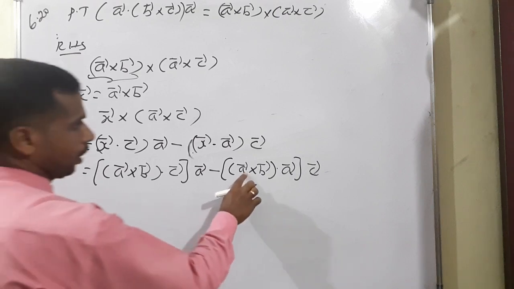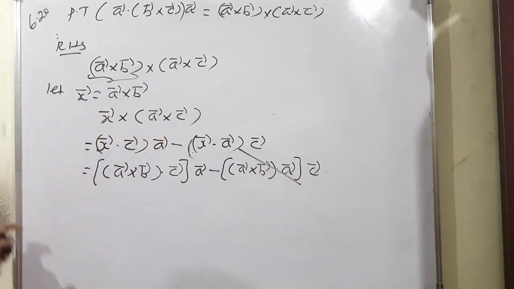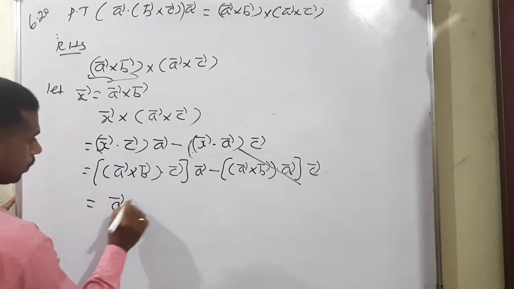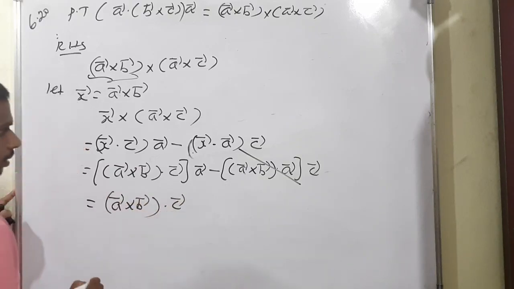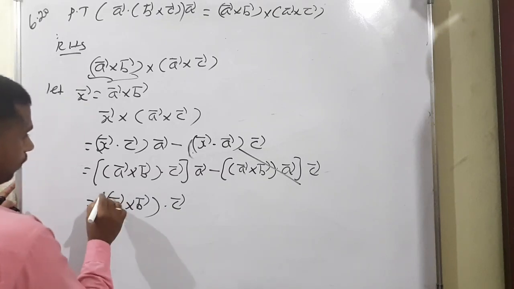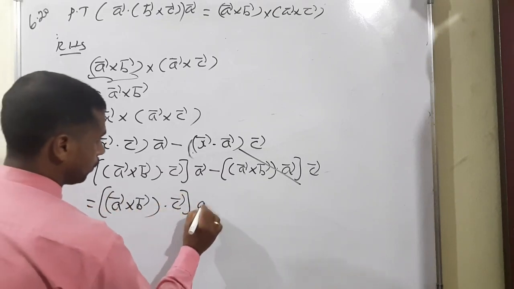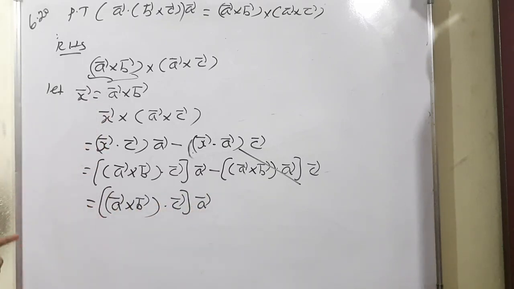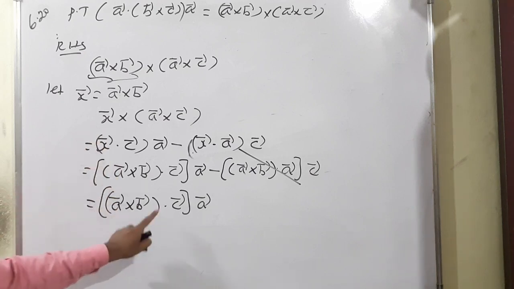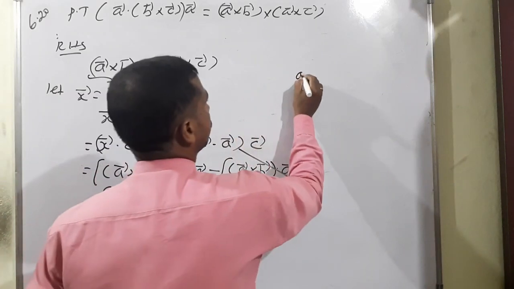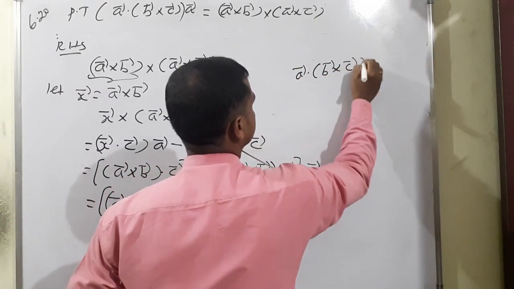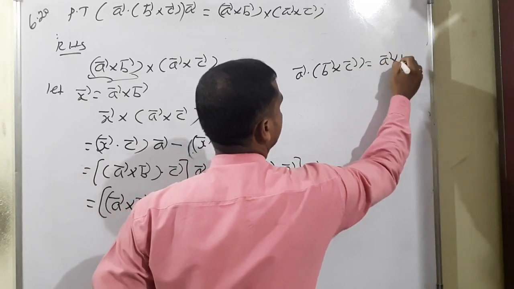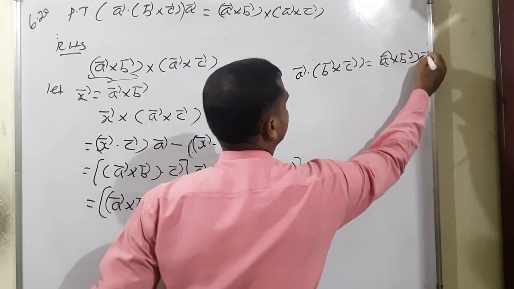Now A vector dot A vector means we can cancel it. So the remaining term is (A vector cross B vector) dot C vector, into A vector, isn't it? Look at there. A vector cross B vector dot C vector we already know, so A vector dot B vector cross C vector can be written as A vector cross B outside dot C vector.